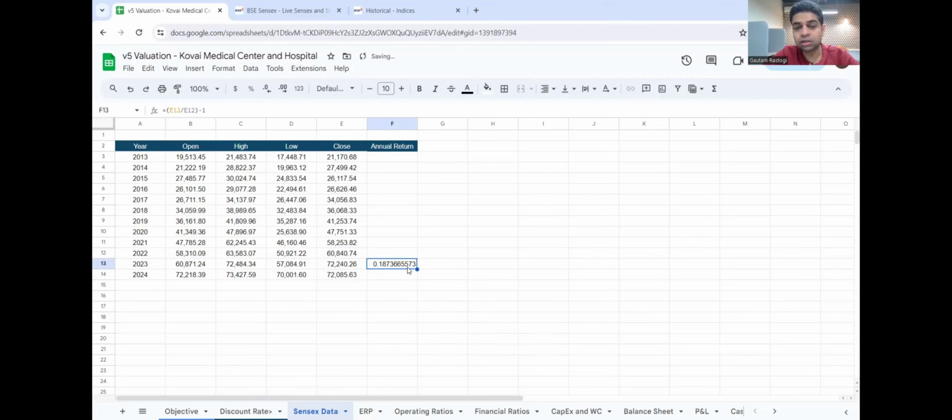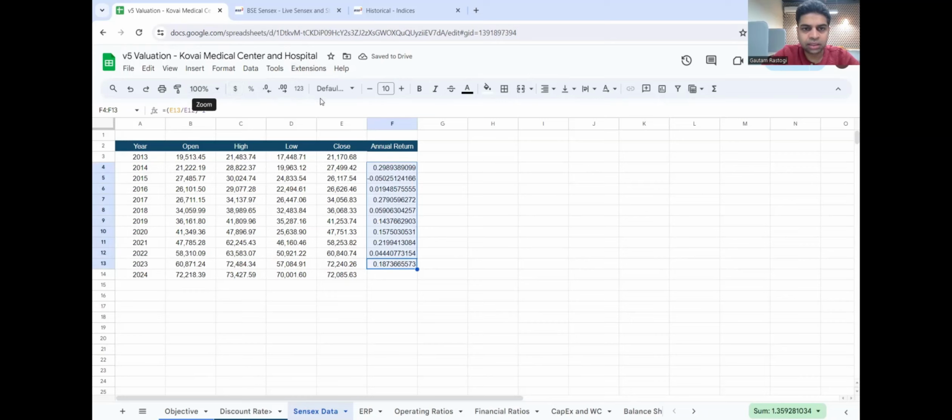This gives you the annual return. Okay. Now drag it 10 places up. Okay. And then select percentage. You get the annual return for 10 years.